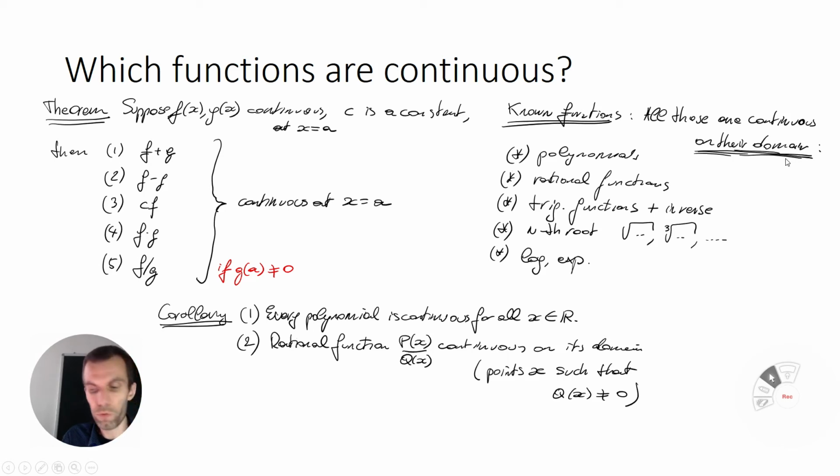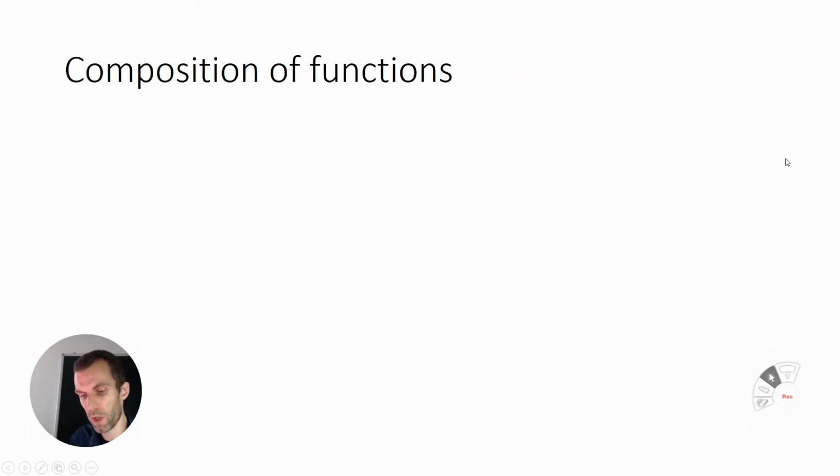And then to finish up, a couple of theorems that allow you to say something about continuity of compositions of functions. So here we'll start again with a theorem. And you'll see that this is quite an intuitive theorem, and in fact we've already used this in passing a couple of times.